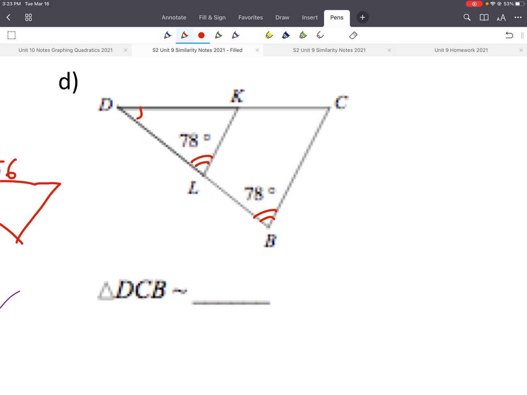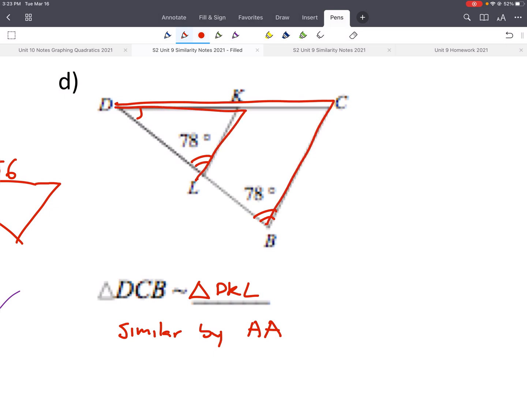So we can say that we have two corresponding pairs of angles. So this would be similar by angle, angle. And then we need to come up with the statement. So again, make sure you always put the triangle there. And it looks like we'd get DKL. So this would be DCB, DKL.